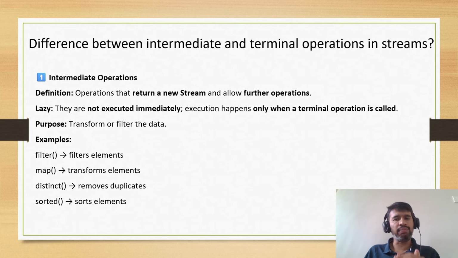Execution happens only when a terminal operation is called. The usage of intermediate operations is for transformation, filtering, mapping, etc. Filter, map, distinct, sorted are all examples of intermediate operations.